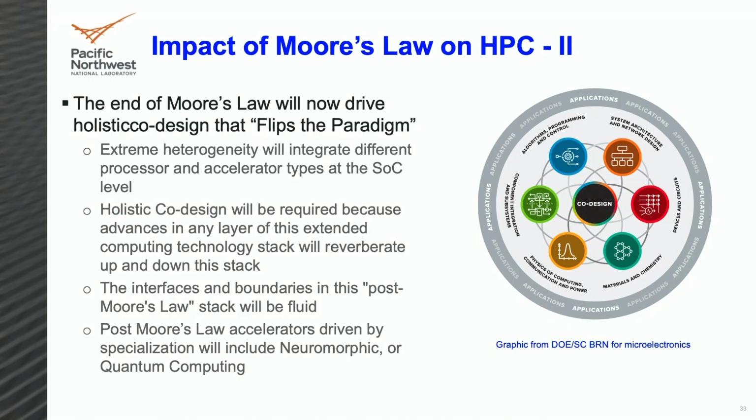This is that graphic from the Basic Research Needs for Microelectronics workshop. And one of the things that this is meant to convey is that these technology areas no longer necessarily line up in a clean stack. And especially when you're thinking about new materials for neuromorphic computing or new memory technologies, an advance in the material space can result in changes in algorithms and changes in how we envision using that advance and when it's deployed in a new concept for a processor.